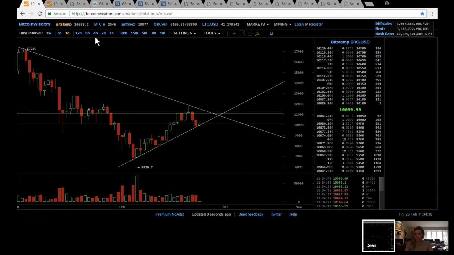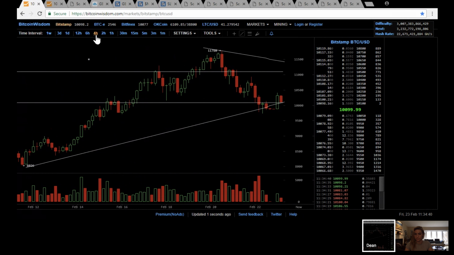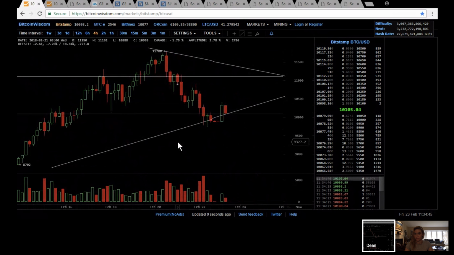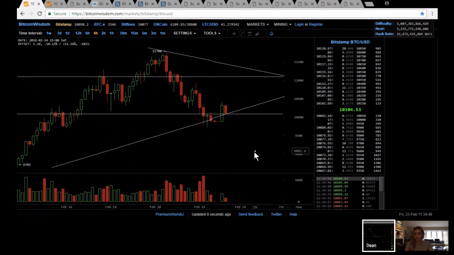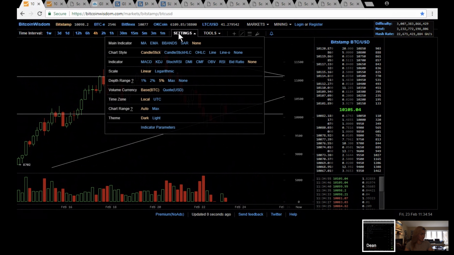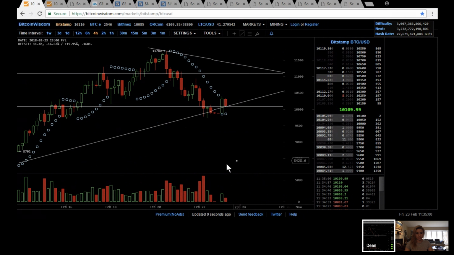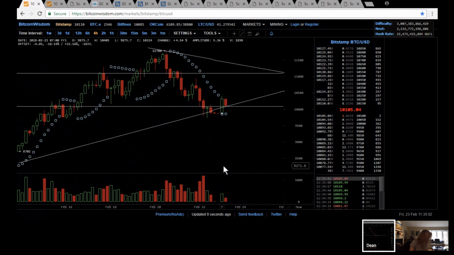I'm going to take a quick look at a 4-hour chart to bring up this technical tool that we have used before called the Parabolic Stop and Reverse Point. And it looks like this when you overlay it on top of a chart.